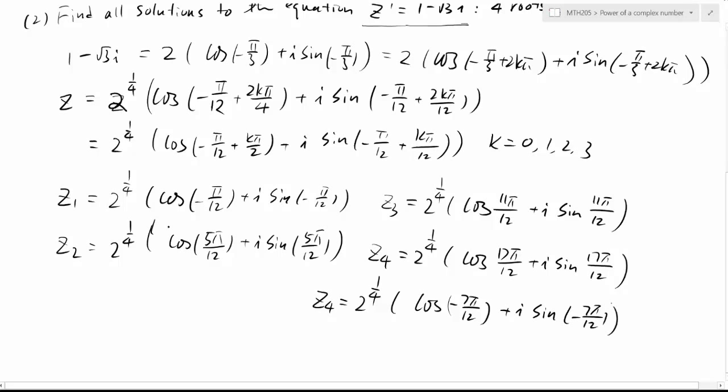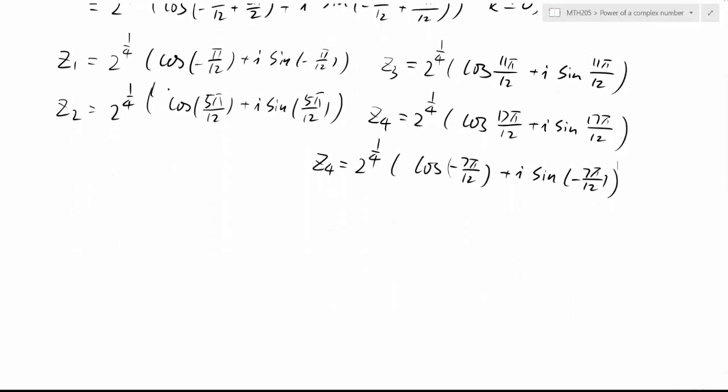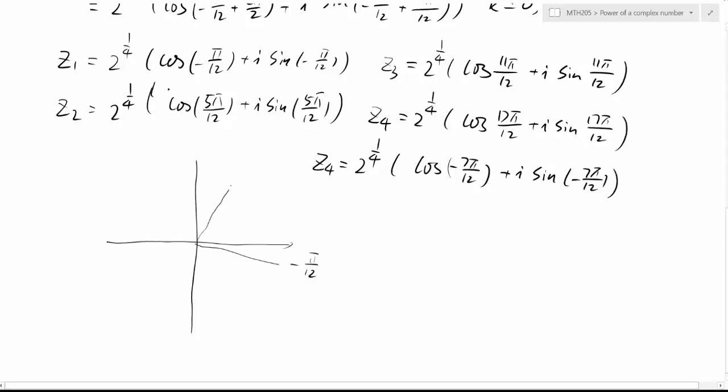We have these 4 roots. And if we want to graph them, that's what we have. Over here, start with the first root, negative pi over 12. Okay, and then this one over here, we have actually perpendicular over here.